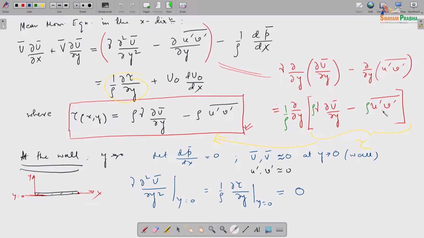Now at the wall, however, we've shown that at the wall, which is basically y tends to 0, the fluctuating components of velocity are 0. The convective terms of the fluid are 0 at the wall. If this is 0, then the Reynolds stresses are also 0, which means the total stress is dominated by the viscous part, viscosity of the fluid at the wall. So, I think we should write that. That is an inference we can easily make.